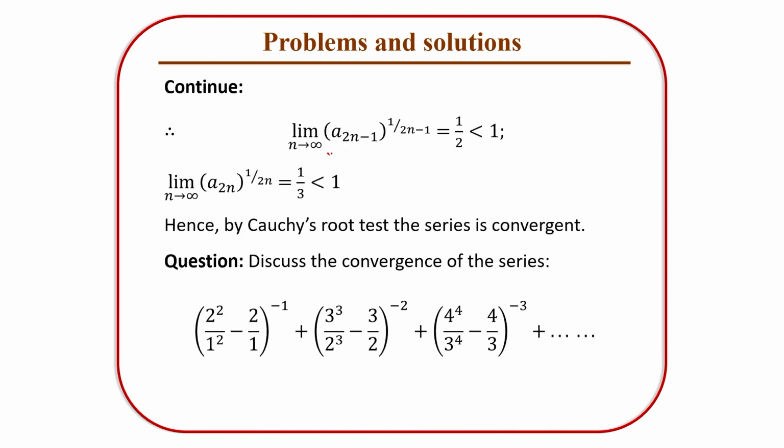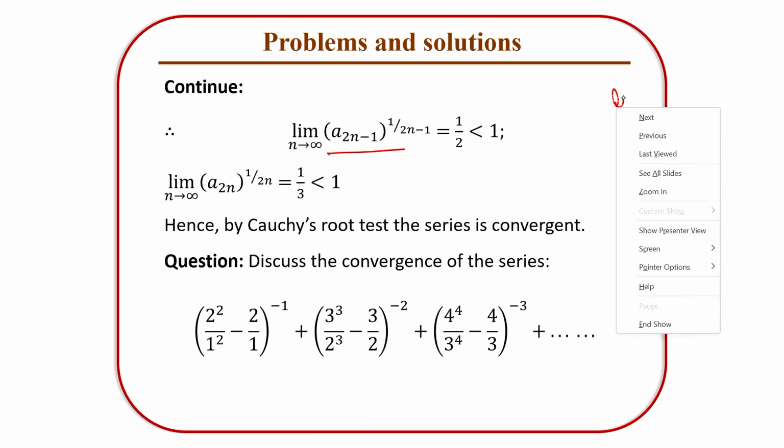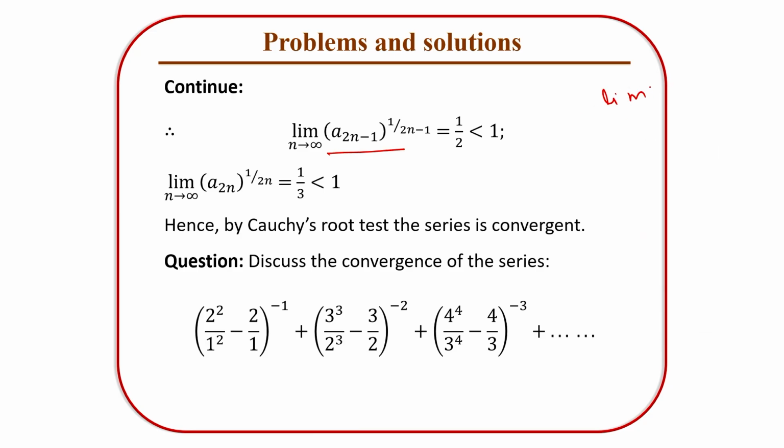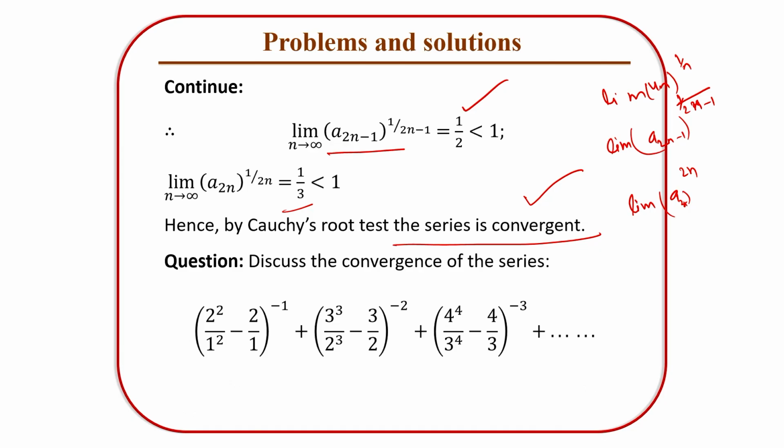So the limit of a2n minus 1 to the power 1 by 2n minus 1 gives you 1 by 2, and the other one, the limit of a2n to the power 1 by 2n, gives you 1 by 3. Both 1 by 2 and 1 by 3 are less than 1, and henceforth the series is convergent by Cauchy root test.